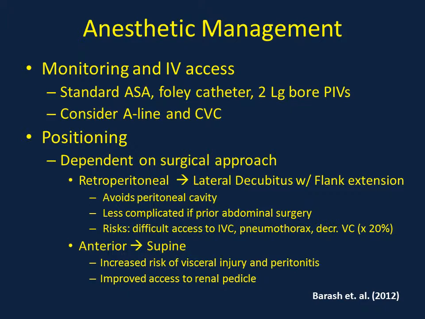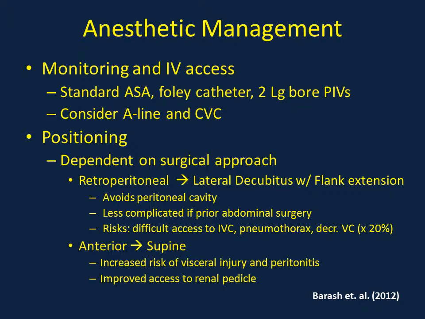your approach. With regards to positioning, it all depends on surgical approach. So retroperitoneal approach, the patient's in a lateral decubitus position with flank extension, obviously the surgical side up. Some of the benefits of this positioning: the surgical approach avoids the peritoneal cavity. So it's less complicated if prior abdominal surgery, you don't have to go through those adhesions.